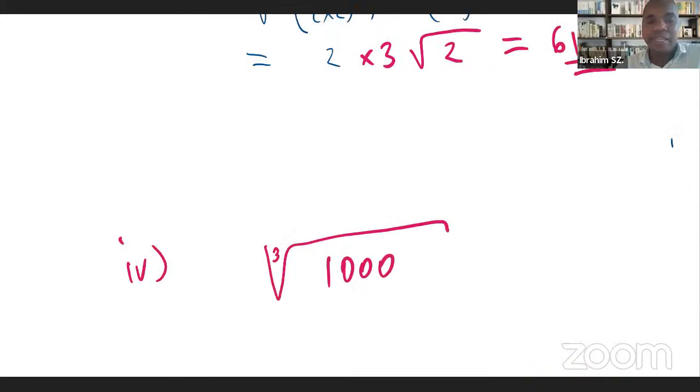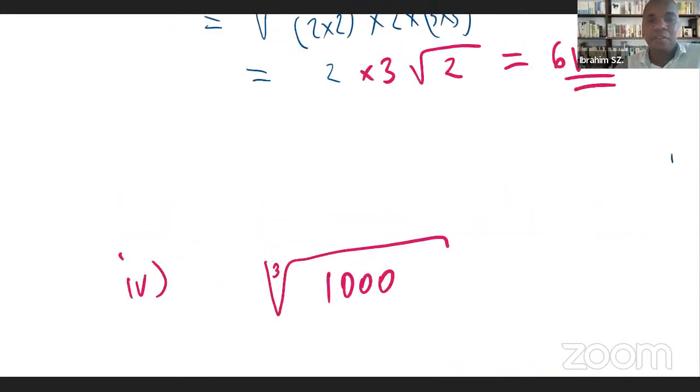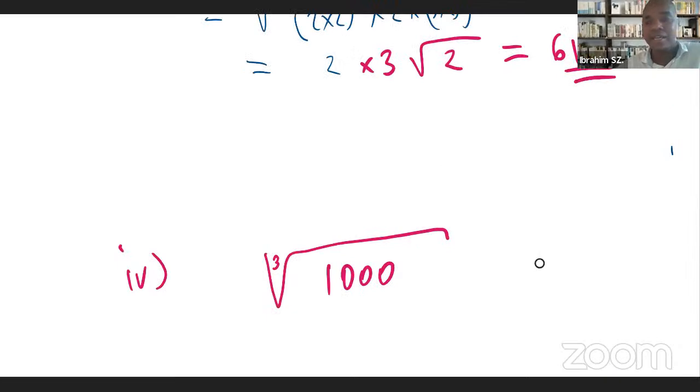The fourth example, before you go to another part, you're supposed to find the cube root of 1,000.